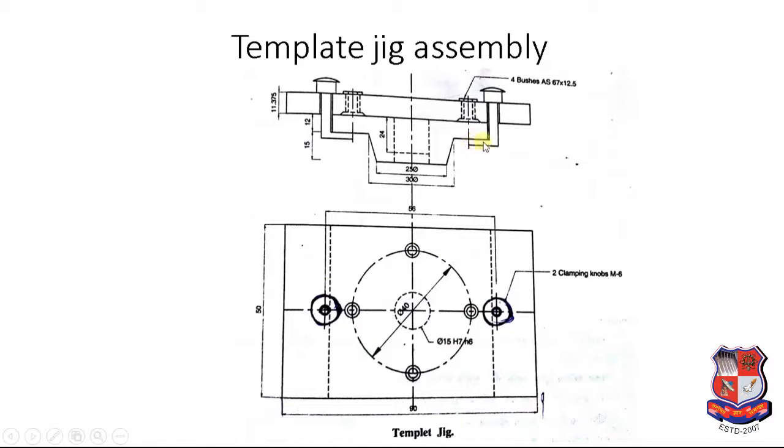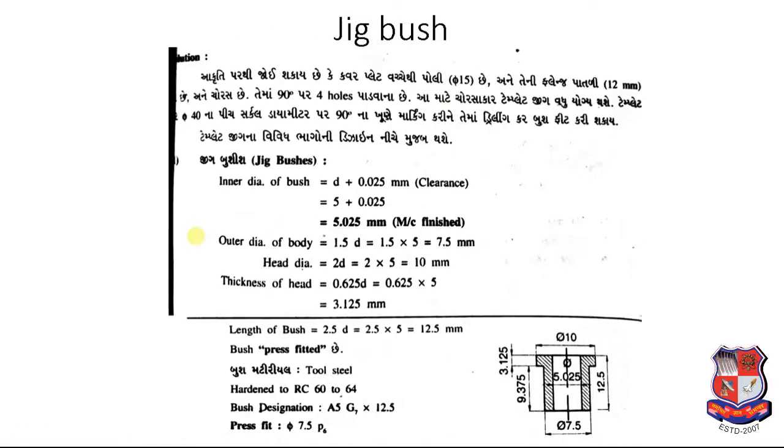And clamping knob is used to clamp the component with the template jig. So we need to design first jig bush, then template plate and boss. So first we will go for design of jig bush.